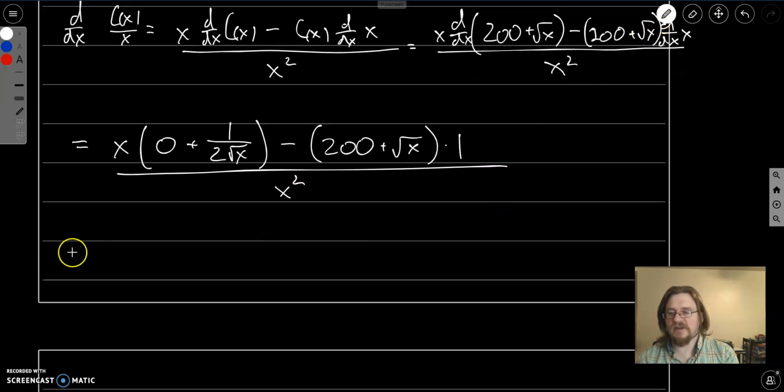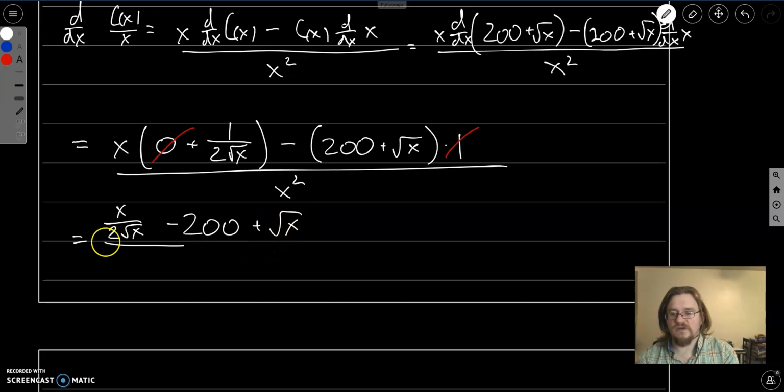Okay, so all that's pretty easy, and we're going to divide by x squared. So let's keep simplifying. 0, that just goes away. Anything times 1, that's just that. So x times this is going to be x over 2 times the square root of x, minus 200 plus the square root of x, all over x squared.